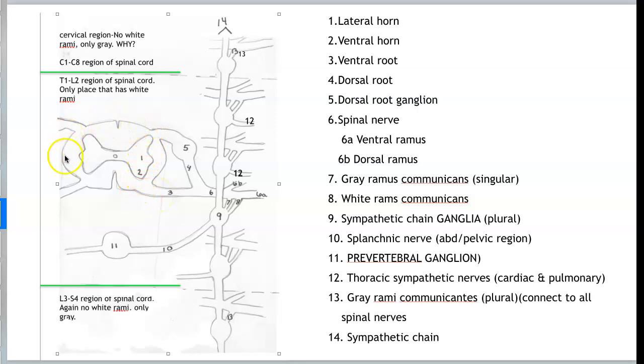So here is a cross section of the spinal cord. This section right here in between these dotted lines is going to be the T1 through L2 region of the spinal cord. Above this dotted line is going to be the C1 through C8 region, spinal nerves C1 through C8, and below this is going to be the L4 through S5 region of the spinal cord.